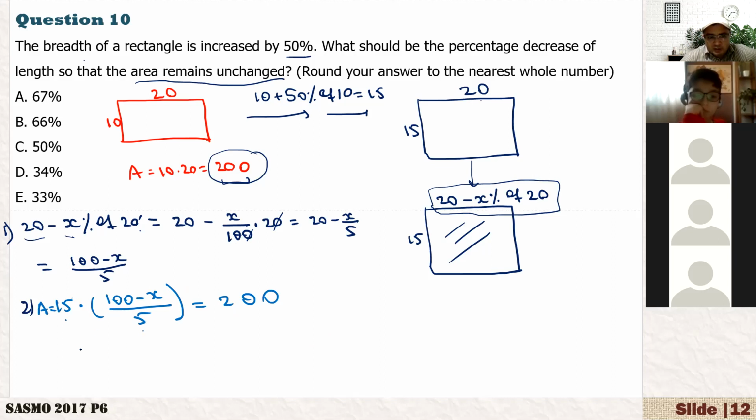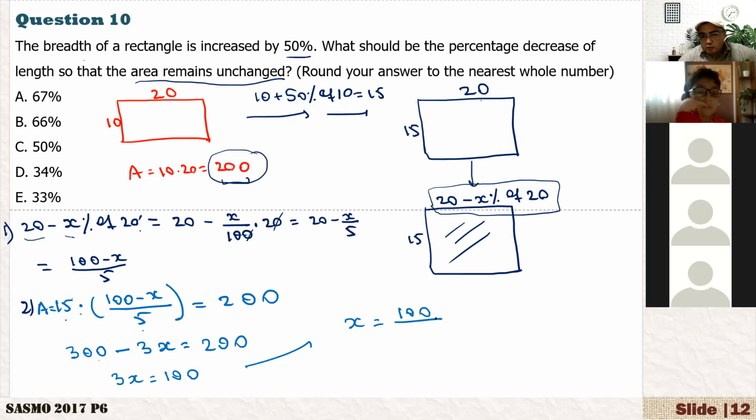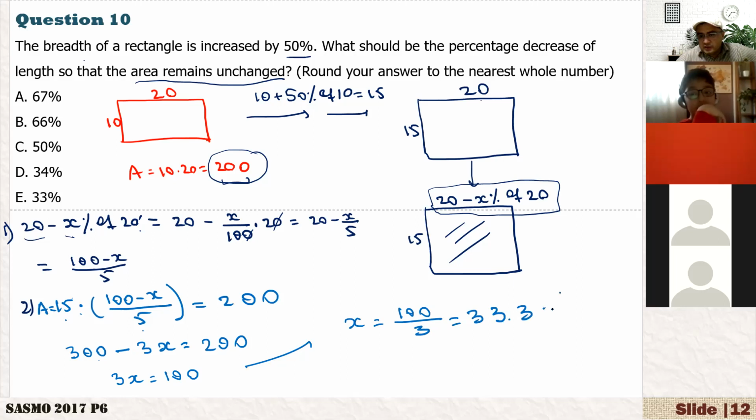And 3 times 100 is 300, minus 3 times X, that's 3X, equal to 300. Take 3X to the right-hand side and 300 to the left-hand side, 300 minus 300... so what is X from here? X is equal to 100 over 3, which is 33.3%. But correct to the nearest whole number, that is 33.